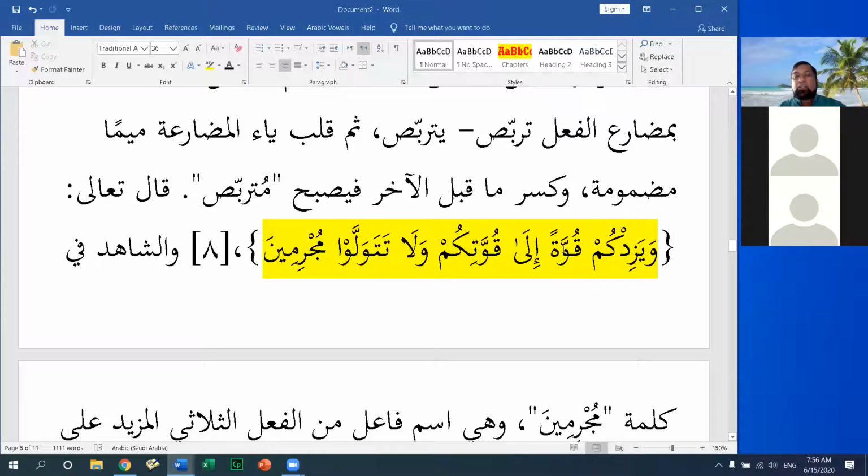And He increases you in power after your power, and do not turn away as transgressors. مجرمين is ism al-fa'il from أجرم, the fourth pattern of the trilateral verb. مجرم, إجراما. مجرمين is originally مجرمون in the plural, and مجرمين is mansub because it's hal. ولا تتولوا مجرمين, meaning do not turn away as sinners.